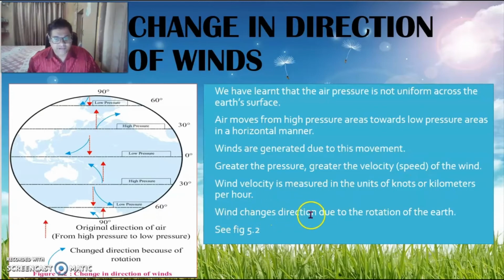Wind changes direction due to the rotation of the earth. The earth is rotating, right? Because of the rotation of the earth, the wind changes direction. As you can see over here, the wind is changing direction, and that is because of the rotation of the earth.